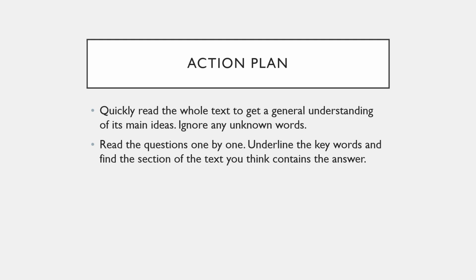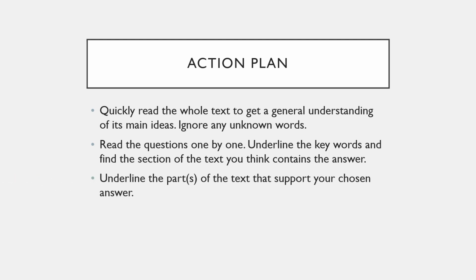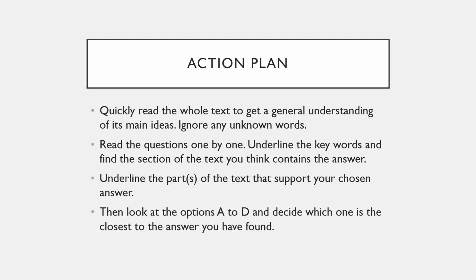Next, identify the part of the text that you think contains the answer. Underline or highlight the section of text that supports your chosen answer. Then, look at the multiple choice options and try to decide which one is most similar to the relevant part of the text.